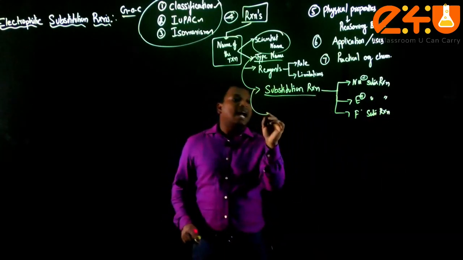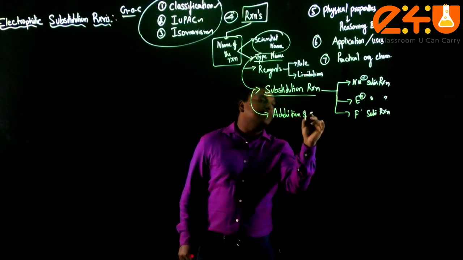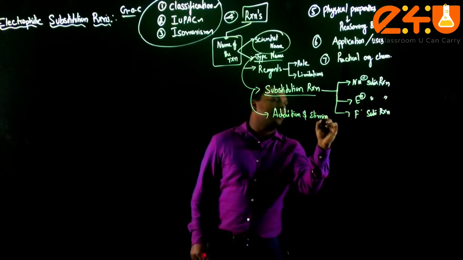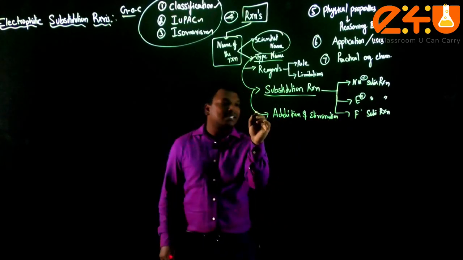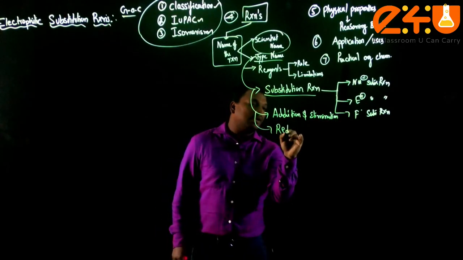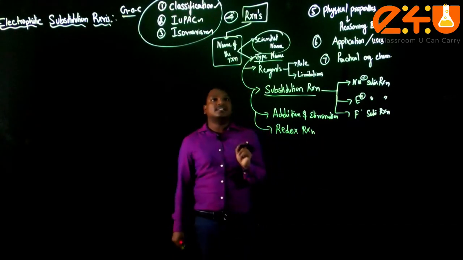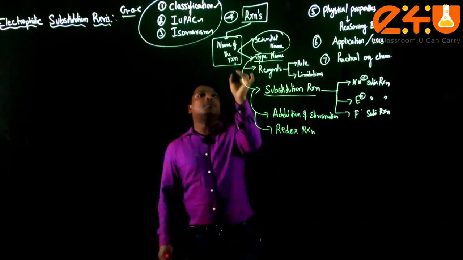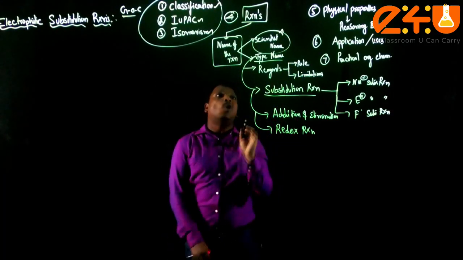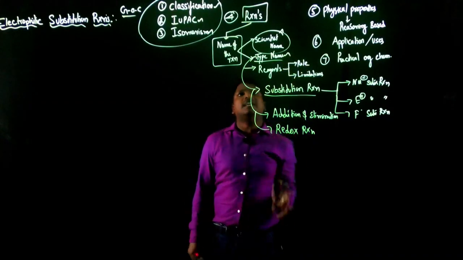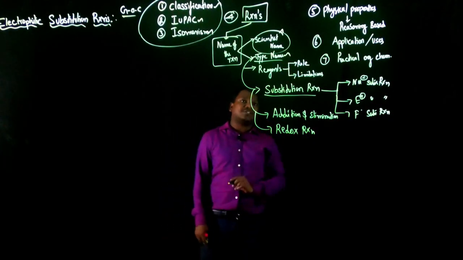It can be an addition reaction, an elimination or addition-elimination reaction, or a redox reaction. So whenever you learn any reaction, try to remember its name. If you remember the scientist name, go for it, but at least the type name is mandatory: addition, substitution, or redox reaction.